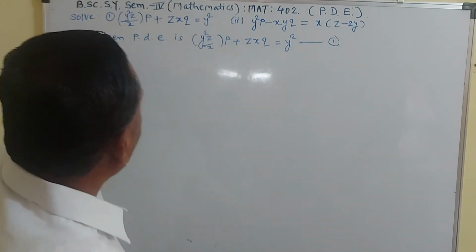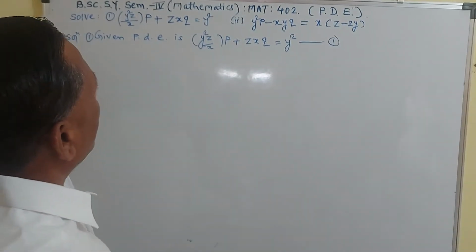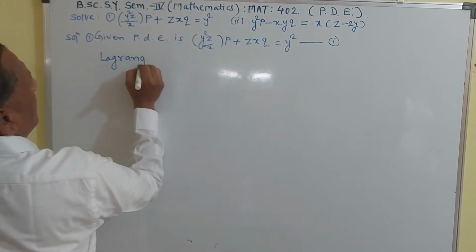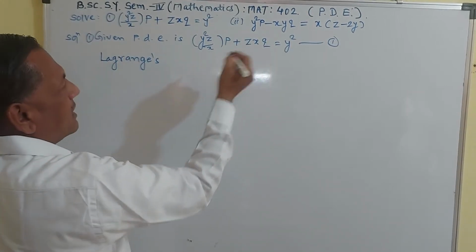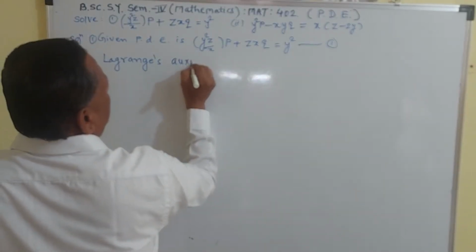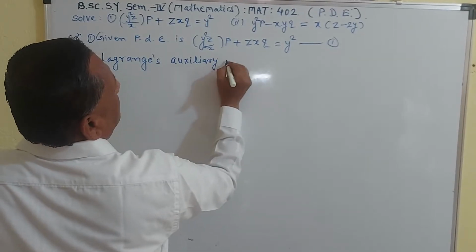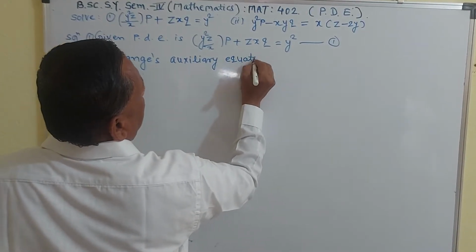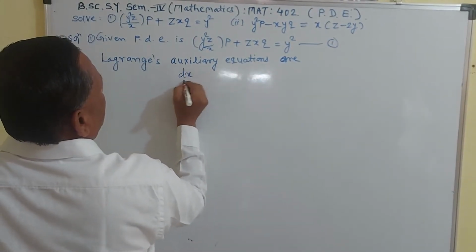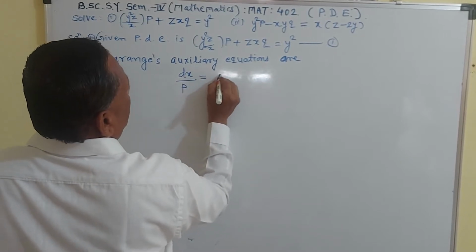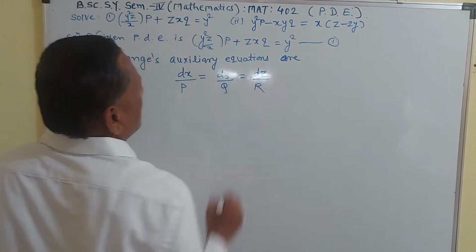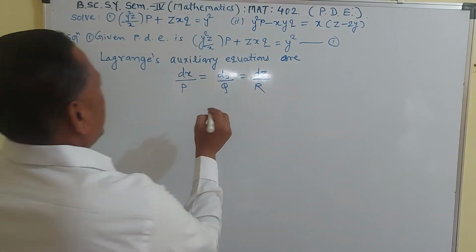So Lagrange's auxiliary equations, another name for which is the subsidiary equations, are dx upon P is equal to dy upon Q is equal to dz upon R. Here P is y square z upon x.